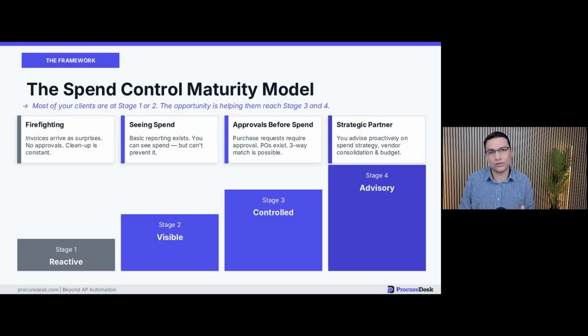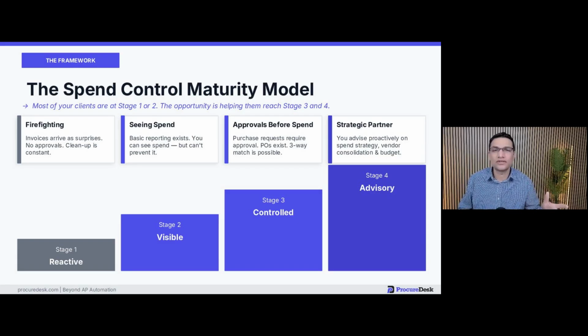Number three is control. So this is where you start seeing the efficiency from a process standpoint. A control environment is where you have everything defined as a process, all the way from somebody putting in a request for buying something, which goes for review and approval. It is getting coded upfront, which means somebody's saying, "Hey, what's the GL code for this?" and so on.